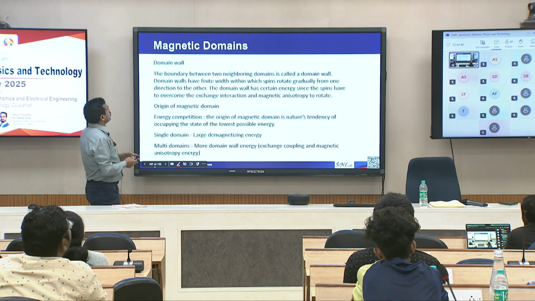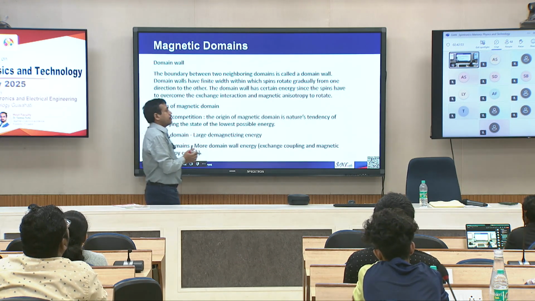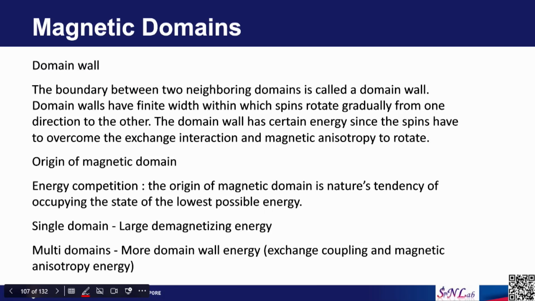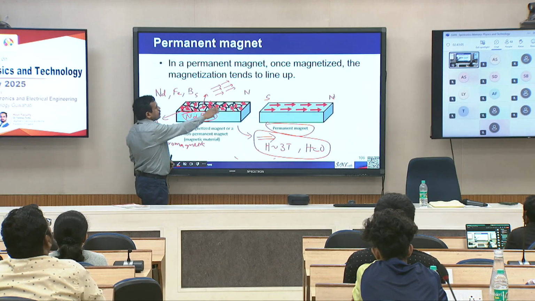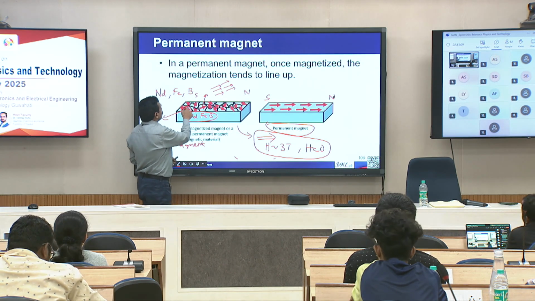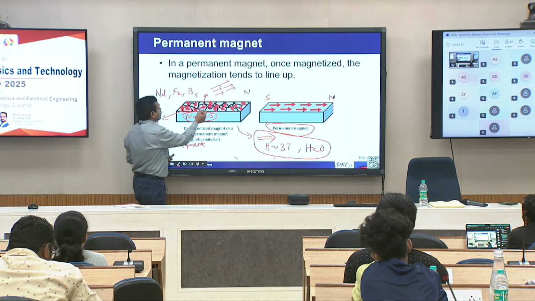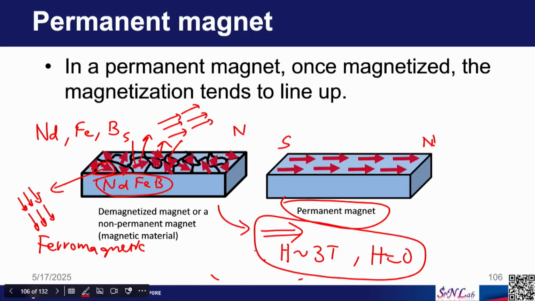Domains are the tiny regions in a magnet where, within a domain, the neighboring moments are parallel to each other, but within the bulk of the material you have the magnetization pointing in different directions. You can call each of these regions a domain. So, this is a magnetic domain, this is a magnetic domain, this is a magnetic domain, and so on.